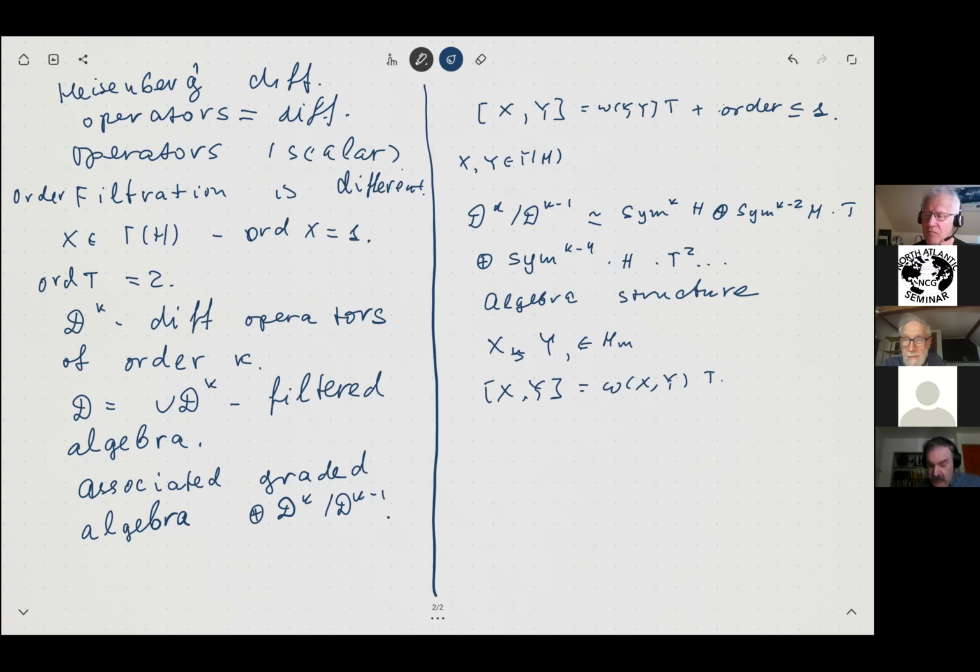So this algebra is just the universal enveloping algebra of the algebra, which I will denote T sub H, which is Heisenberg.